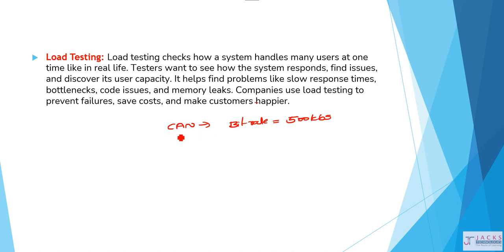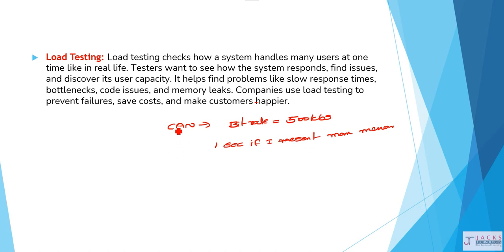So we use CAN protocol, and the CAN protocol bit rate is 500 kbps. Now, guys, I need to check in 1 second, if I send maximum messages onto CAN, how is my CAN responding? Like, are there any time delays or any errors it is raising? All these things we need to check.